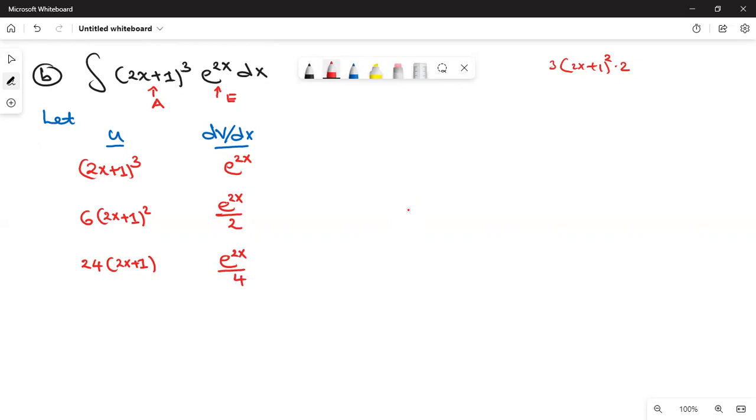Let's differentiate 24 times 2x plus 1. That will give us 48. Integrate exponential 2x over 4. That will give us exponential 2x over 8. And finally, differentiate 48, which is a constant, you get 0. Integrate exponential 2x over 8. That will give us exponential 2x over 16.